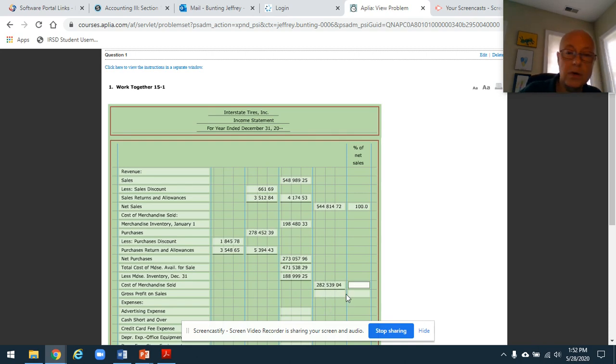Okay, and then we put this in the numerator, this in the denominator, and we come up with 53.9% component percentage for our cost of goods sold. Okay, so our cost of goods sold is 53.9% of our net sales.